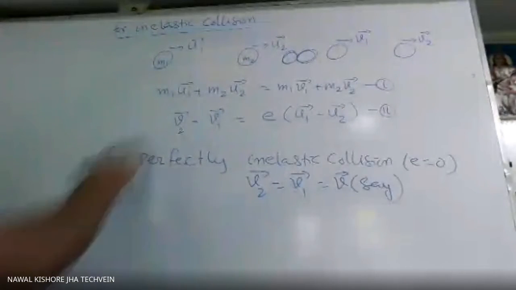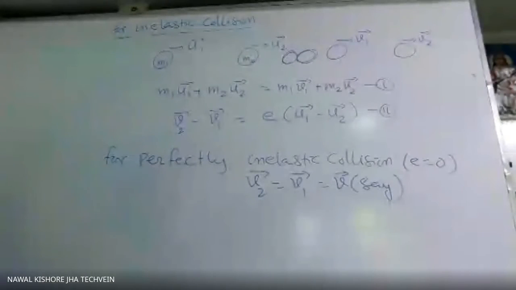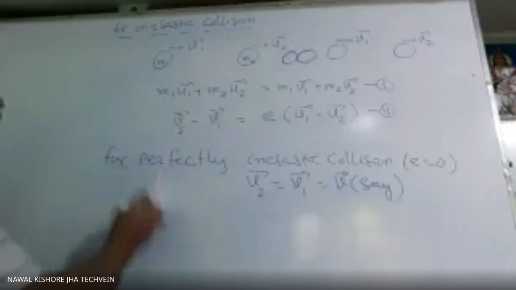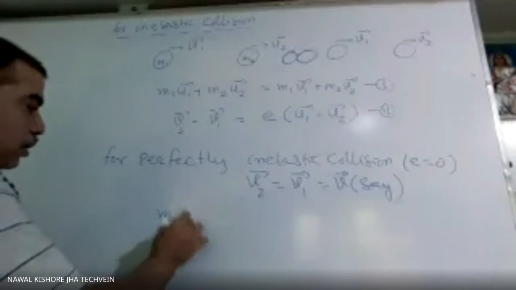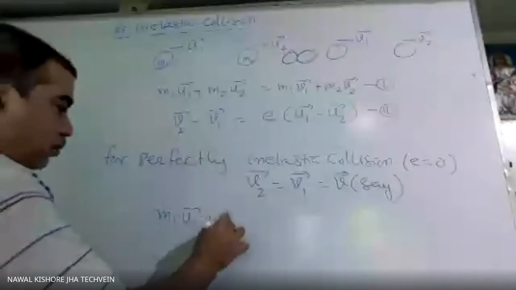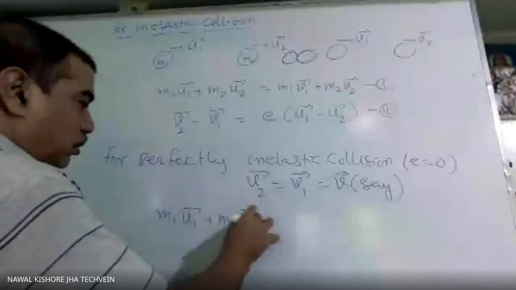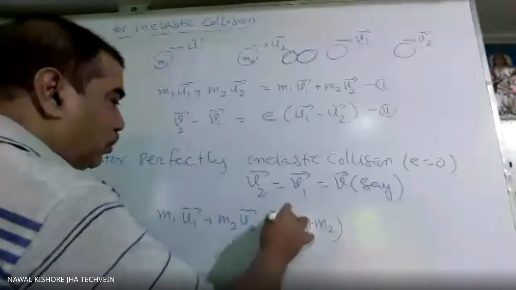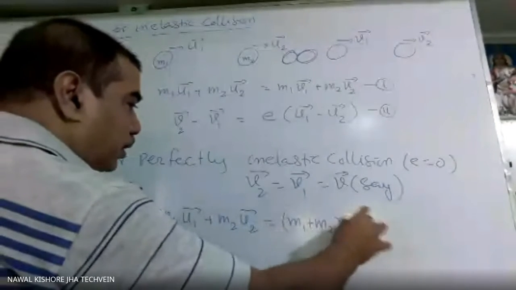E being 0 means V2 minus V1 will be 0, so V2 will be equal to V1. So the relation will become m1 u1 plus m2 u2 equal to (m1 plus m2) V.